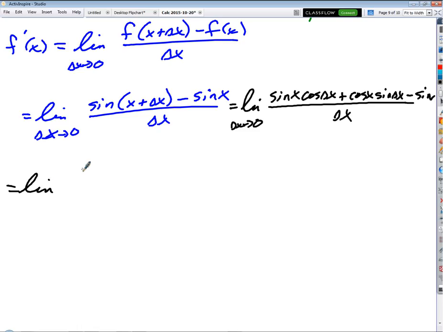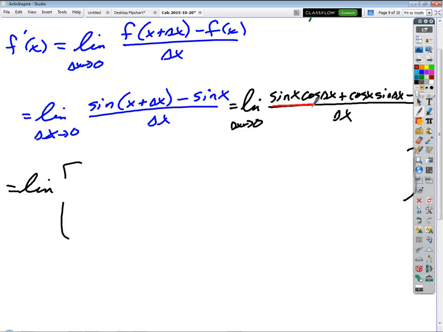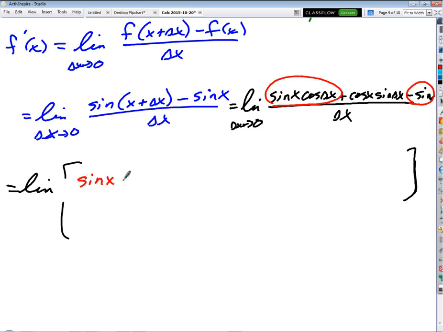So I've got the limit of, let's take this term and that term and combine them. So I'm going to get sine x cosine delta x minus sine x over delta x, right?